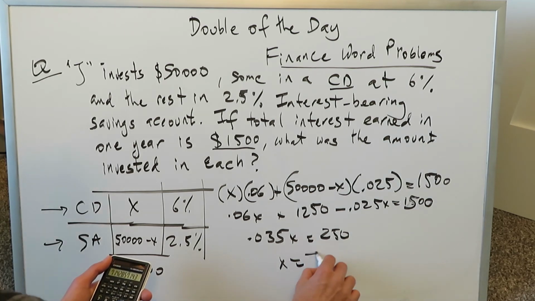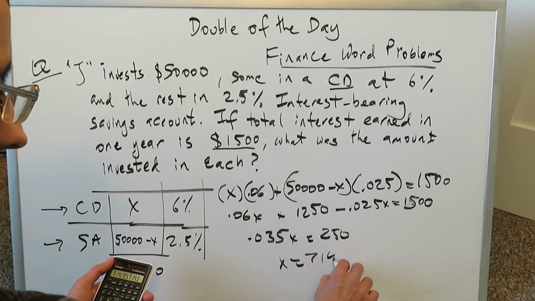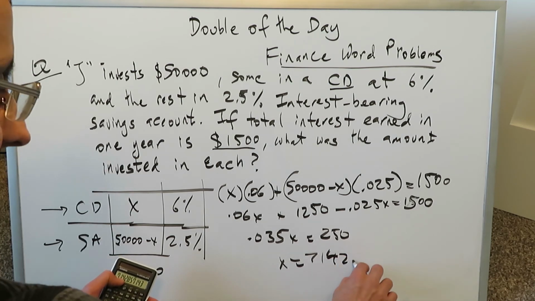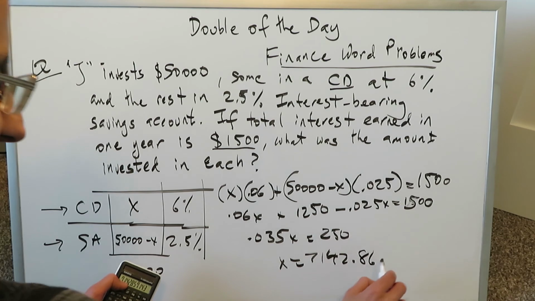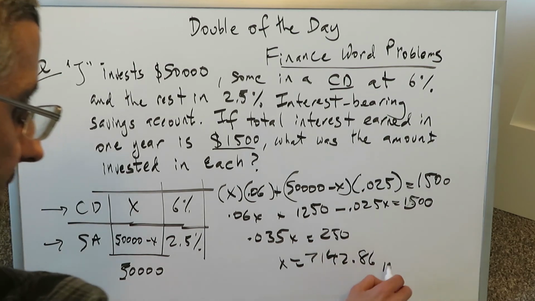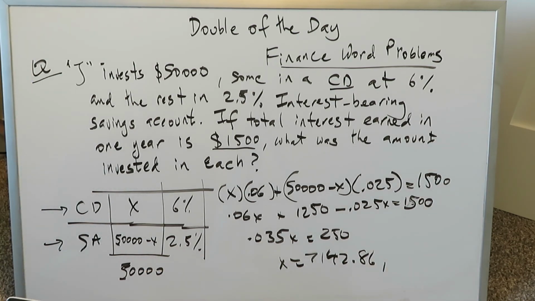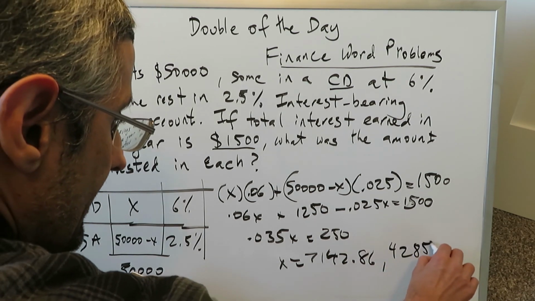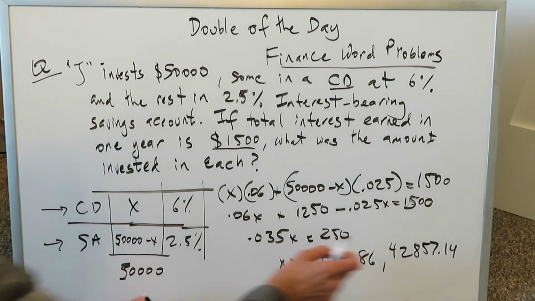I get 7,142, and we can round the cents up over here. 7,142.86. That's the amount invested, x, in the CD. Therefore, the amount invested in the other must be 50,000 minus that. And we can easily do that. It would be $42,857.14.